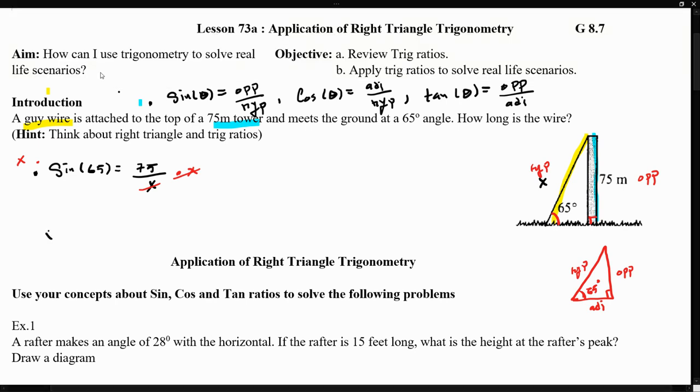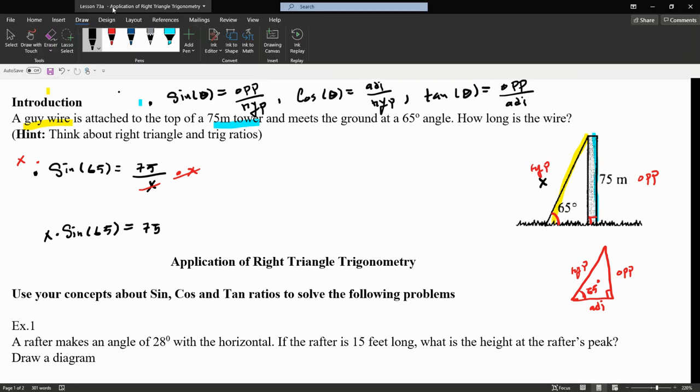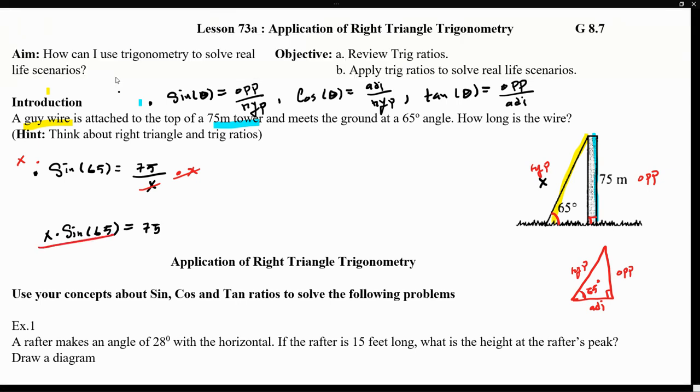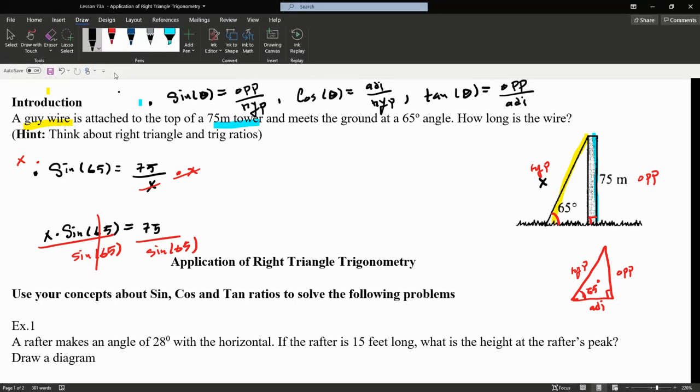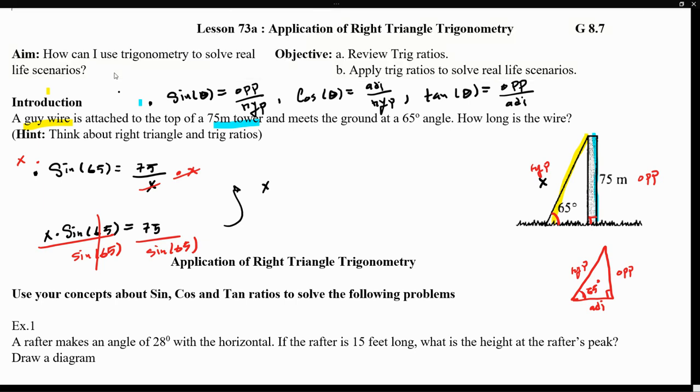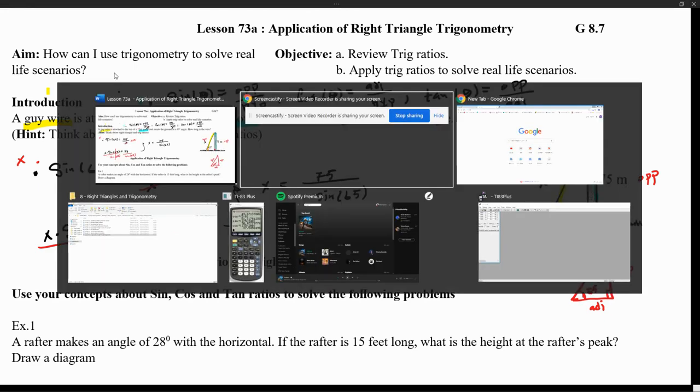So now we know that x times the sine of 65 is equivalent to 75. But we want to leave x by itself, so we divide by the sine of 65. This cancels out, so now we know that x is equivalent to 75 over the sine of 65. And this is something that we can use a graphing calculator to find.